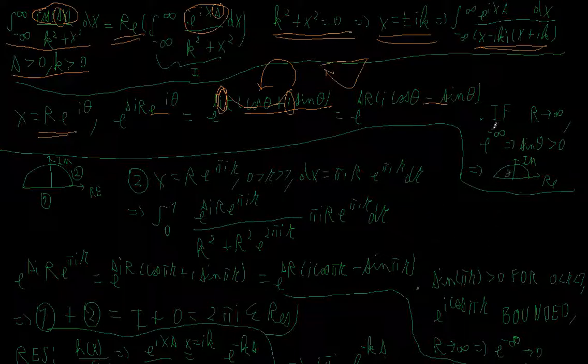Now if we let the radius r go toward infinity, if we want an exponential decay, so e to the minus infinity, we need our sine of theta to be positive. Why? Because we know that e to the i cosine theta is bounded, since it's of the form e to the i something, and e to the i theta is bounded by definition.